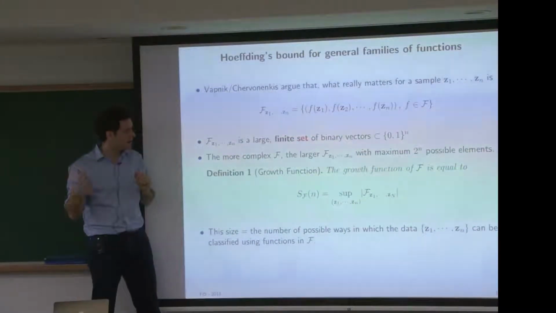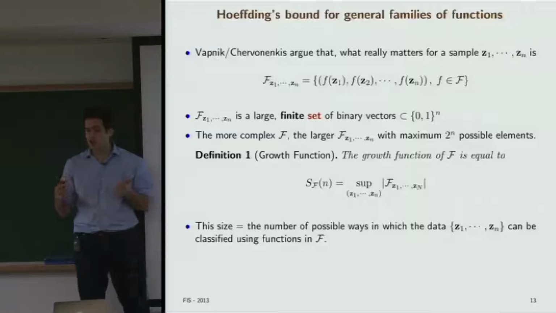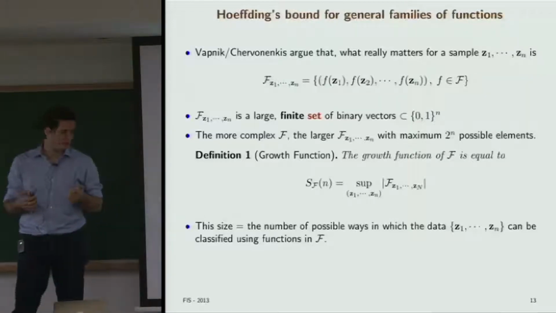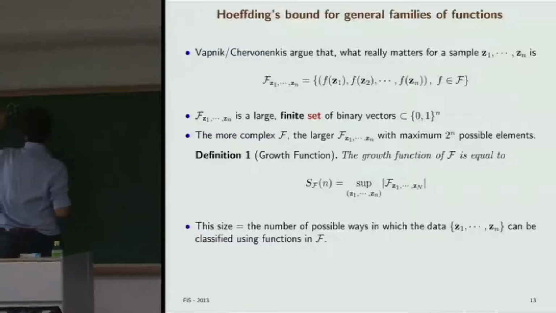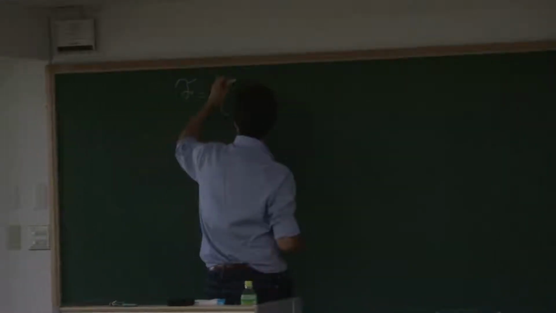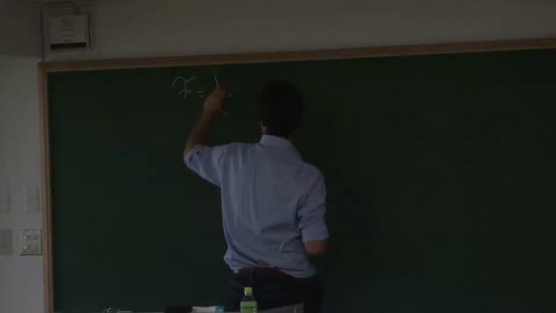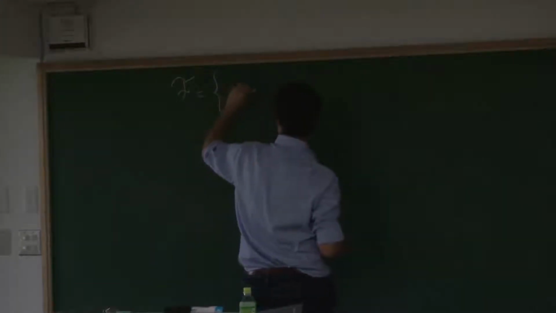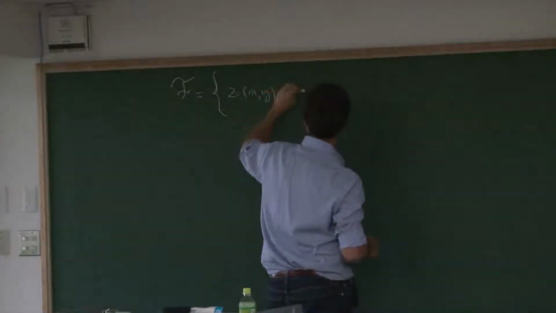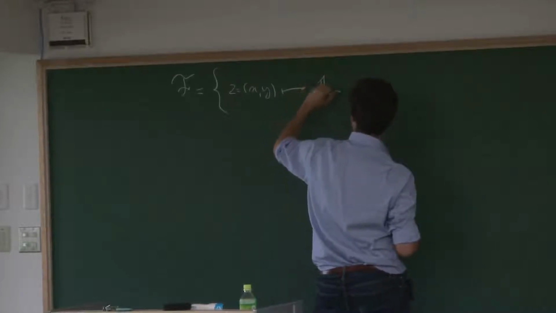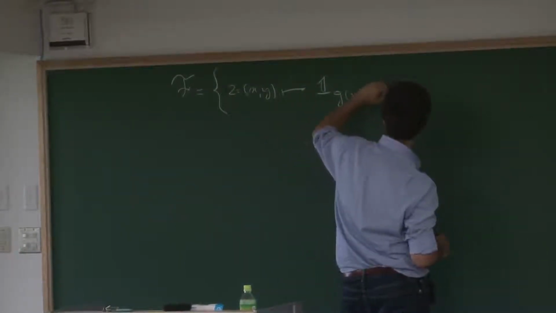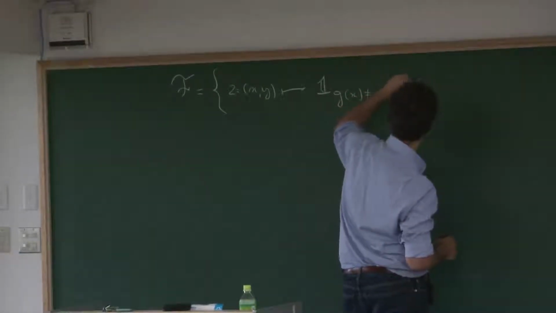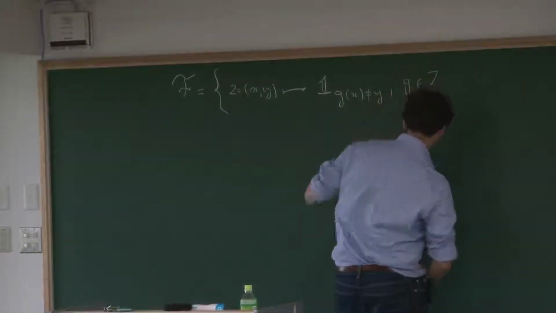So keep in mind that each f here is in a loss class. Just as a reminder, it's the functions which, to z equals (x, y), associate the indicator of g of x not equal to y, for g in the function class G.